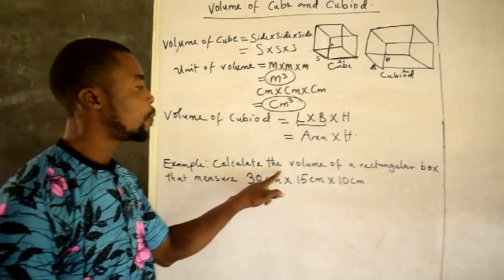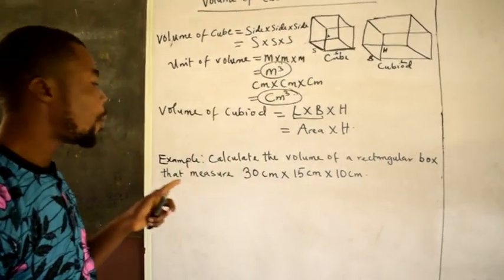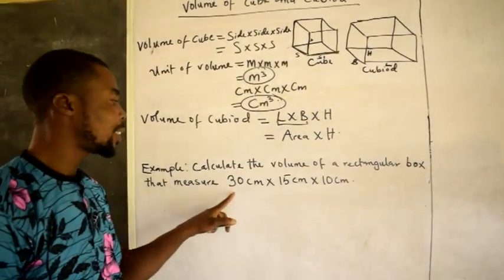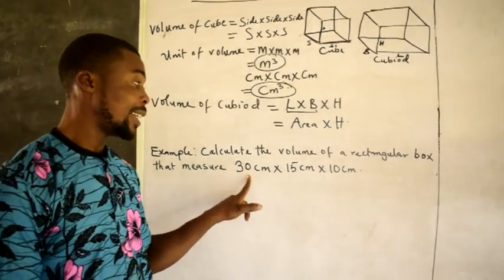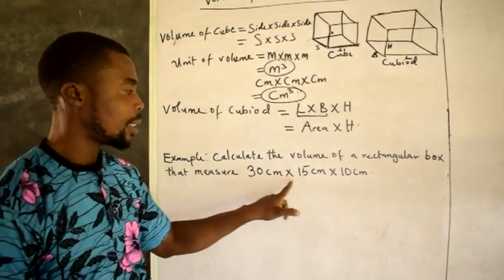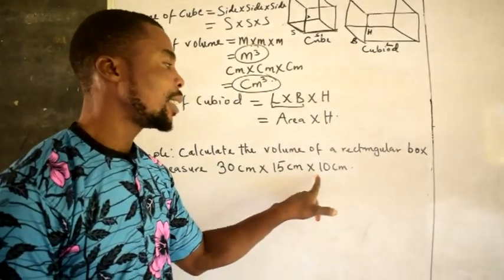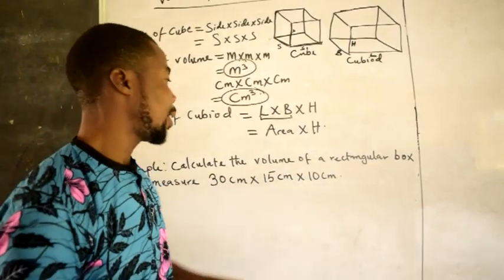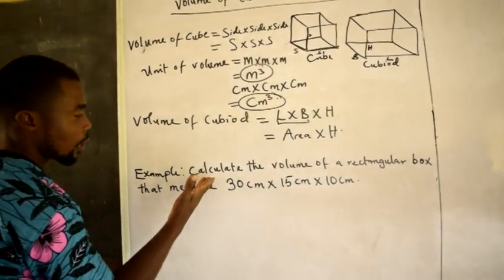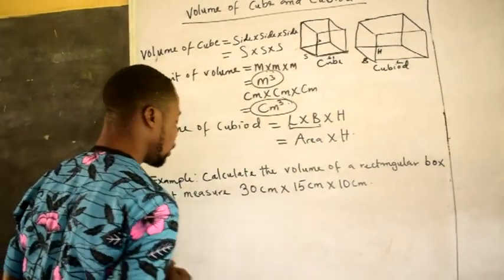Calculate the volume of a rectangular box that measures 30 centimeters, which is the length, by 15 centimeters, which is the breadth, by 10 centimeters, which is the height. We are asked to calculate the volume.